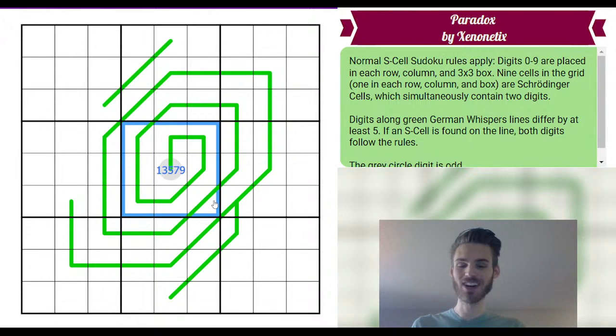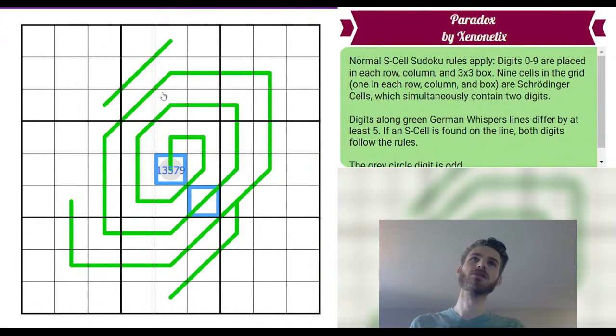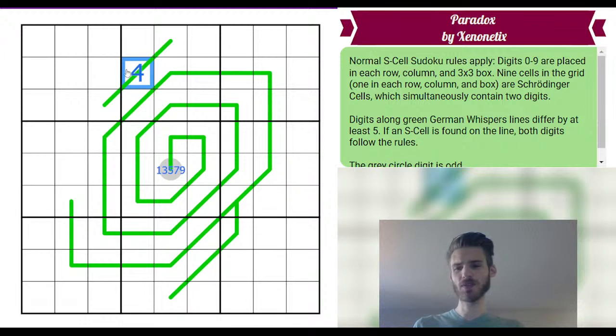It has to be somewhere. So I think the only places for 5 are in one of these two cells. 5 in an S cell puzzle functions a little bit like 4 or 6 does in a regular German Whispers puzzle. So if you put a 4 on a German Whispers line in a normal puzzle, and in fact in this puzzle as well, then on both ends you'd have to have a 9, because you can't have a 10 or higher, and there's nothing that's -1.